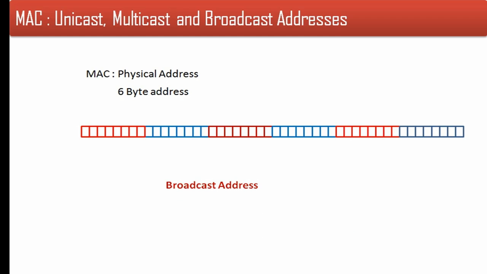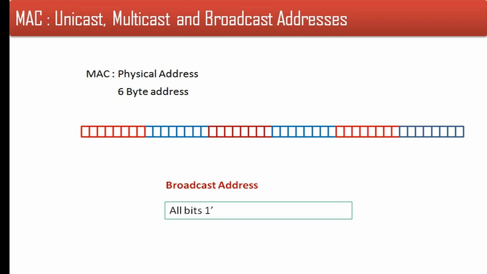And in the case of a broadcast address, all bits will be 1. So if we fill all these spaces with 1 1 1 1 1 1, that will be the broadcast address. A broadcast address will be received by each member of the same network. You need to note this point: whenever a broadcast packet is sent, the router for that network will not send that broadcast packet outside the network.